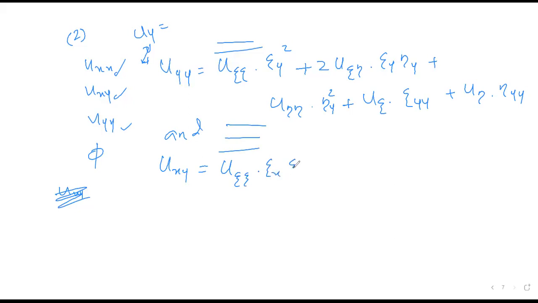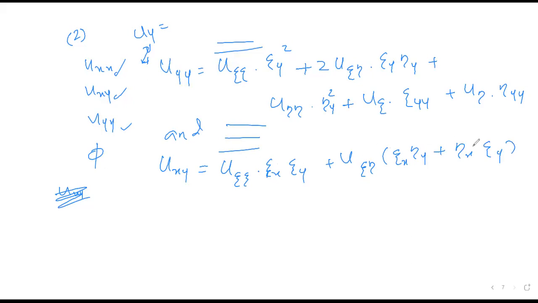u zeta zeta zeta x zeta y plus u zeta eta. See whether my zeta and eta are different, so don't confuse yourself. This is a zeta. I'm writing a little faster so it comes like that. And zeta x eta y plus eta x zeta y.